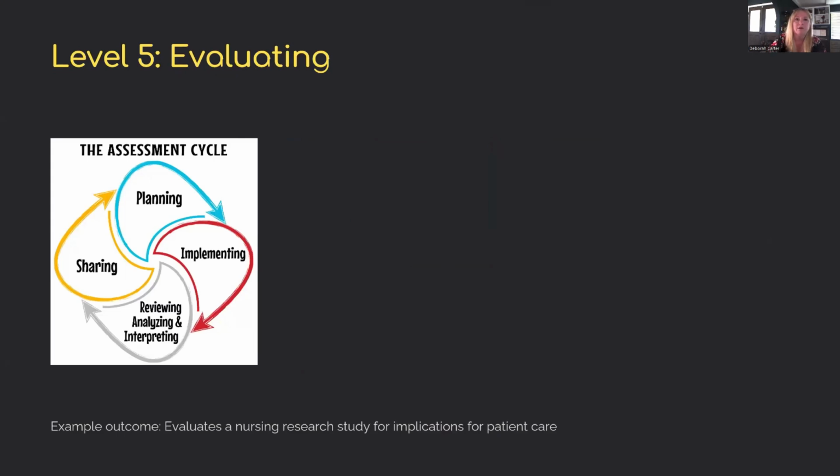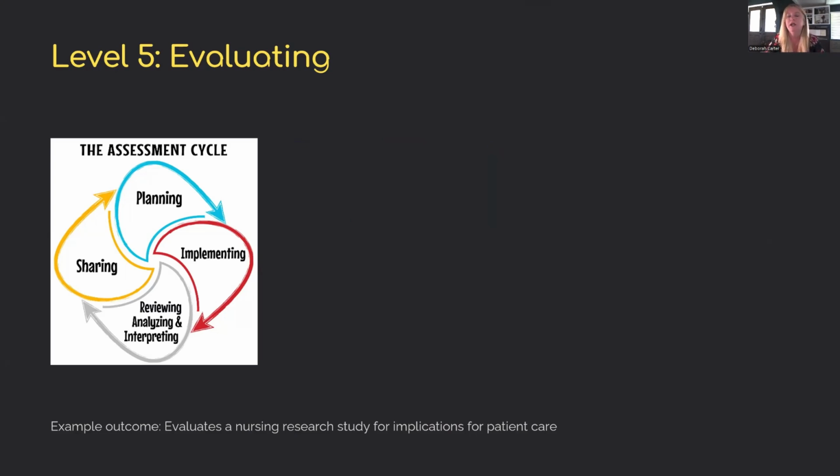Okay, and then the last one, evaluating. That's the 5th level in the cognitive domain, revised taxonomy, where nursing students demonstrate the ability to make clinical judgments based on criteria and standards.